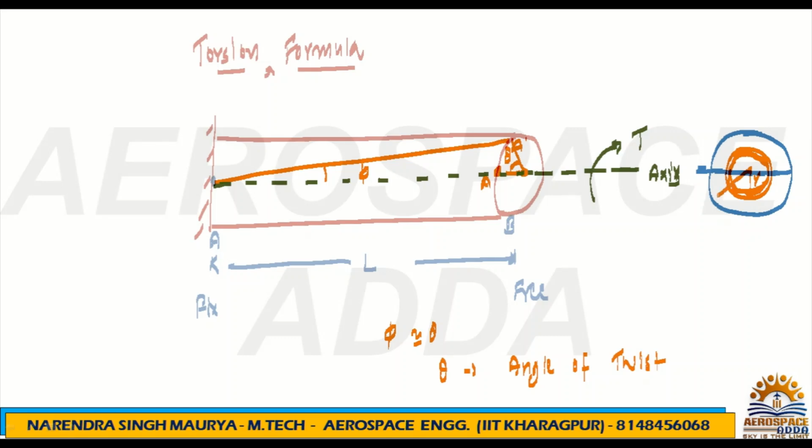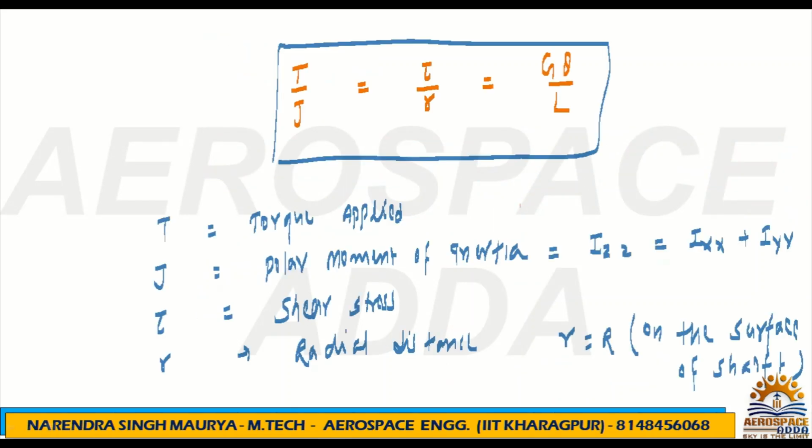But if you check the radial distance from the surface, this is the capital R. Capital R is nothing but the radius of the shaft, and small r is the radial distance for that element. So obviously small r will be capital R once you are talking about the surface of the shaft.